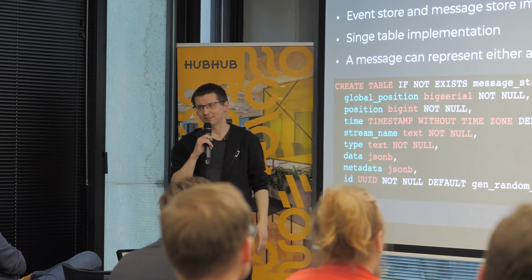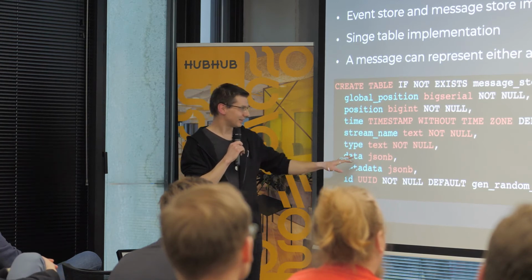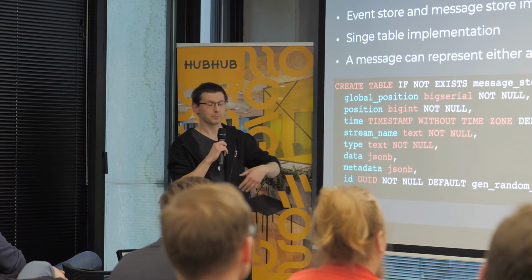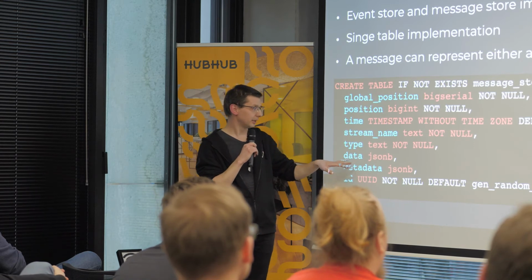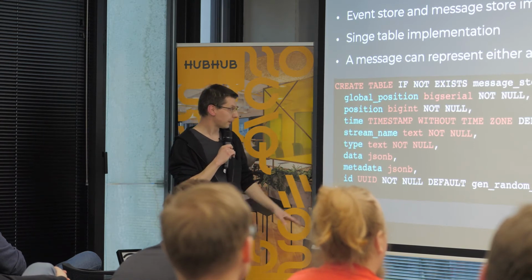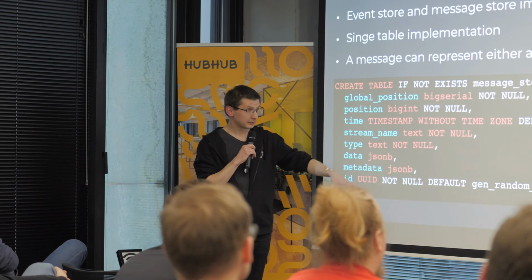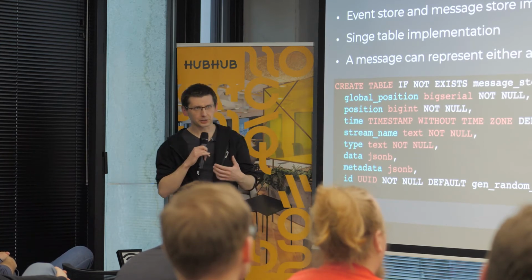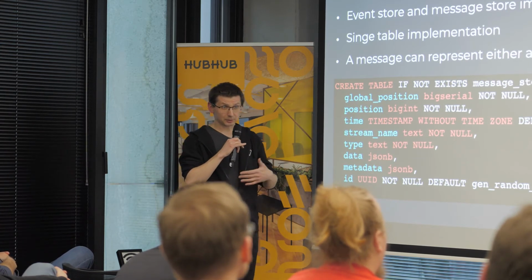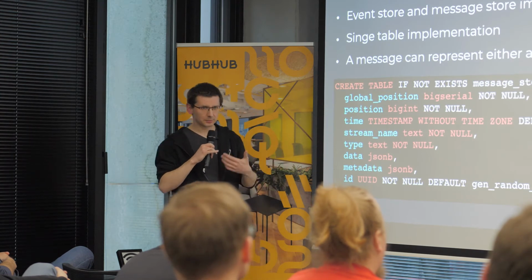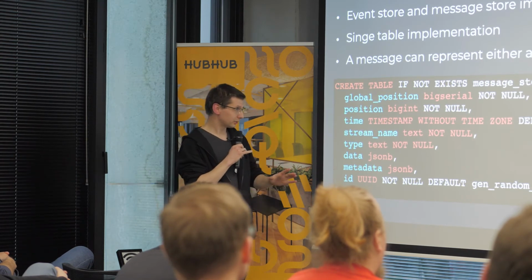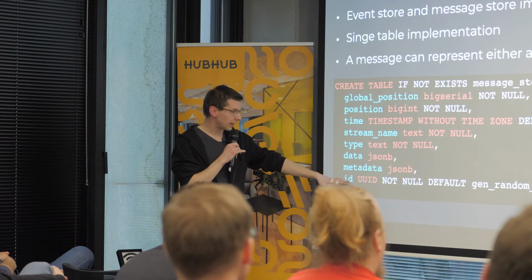So you can put anything in there. The issue is how you handle it later on, but you can put any data inside of this message. Apart from that, metadata, which stores some information about what happened, why this message came to be, and other correlation stuff, and of course, ID.